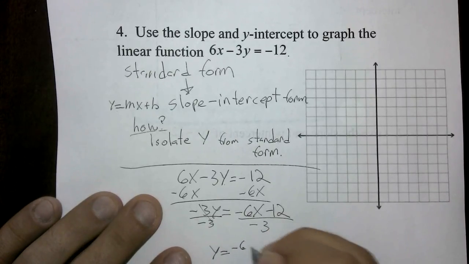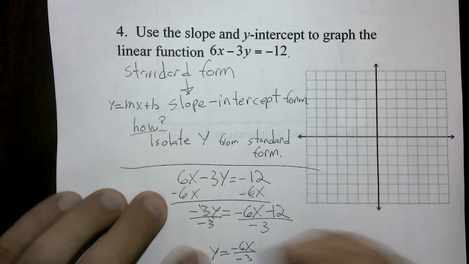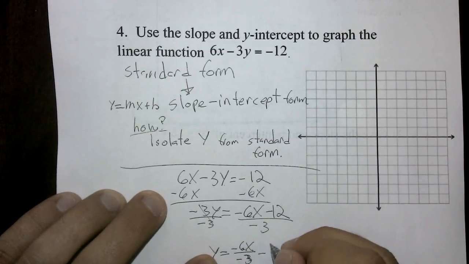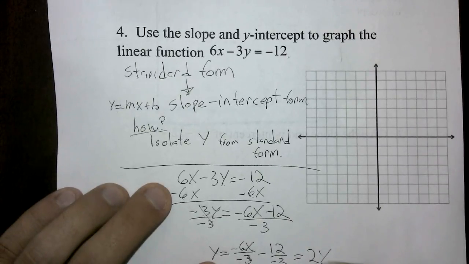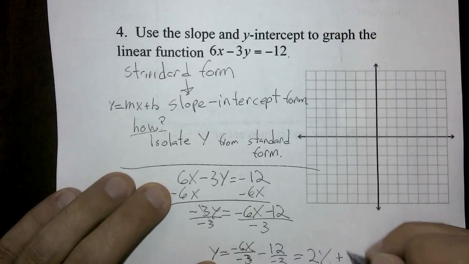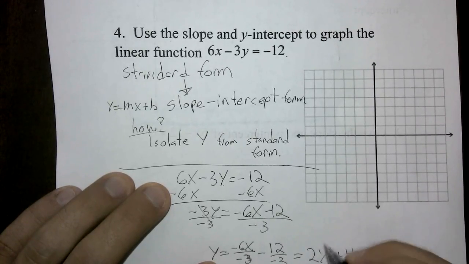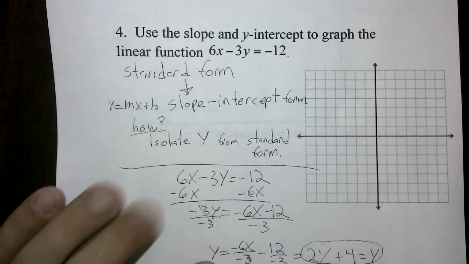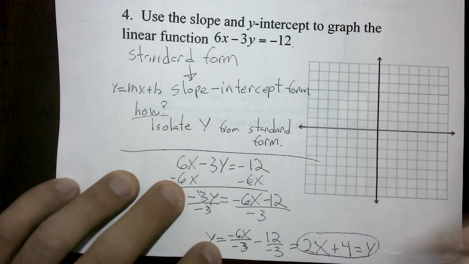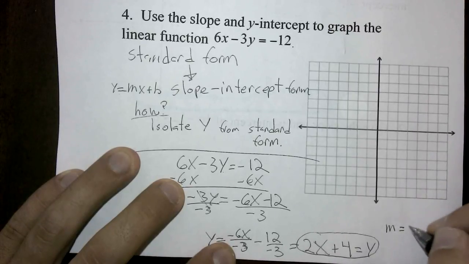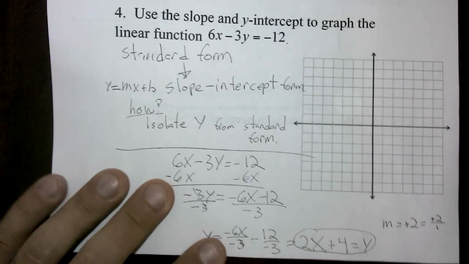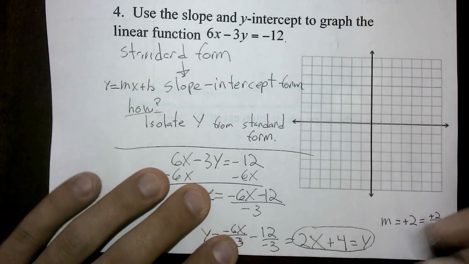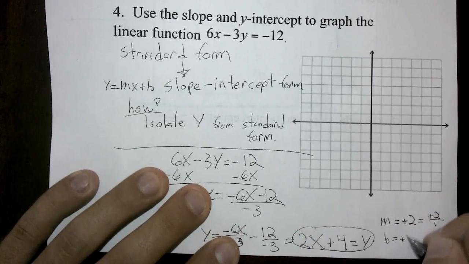You can think of this as negative 6x divided by negative 3, then subtracting 12 over negative 3, rewriting this to 2x, and we are going to be adding on 4. So hopefully from this, you're able to say that your slope is going to be positive 2, or you can write it as positive 2 over 1 if you want to know the rise and the run pretty quickly. The y-intercept is going to have to be positive 4.